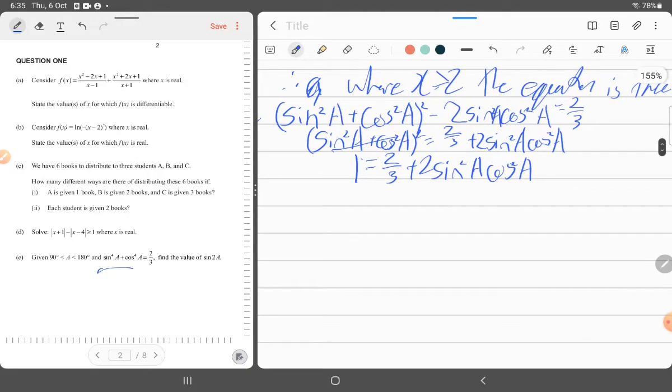So 2 sine squared a cosine squared a is equal to 1 over 3.